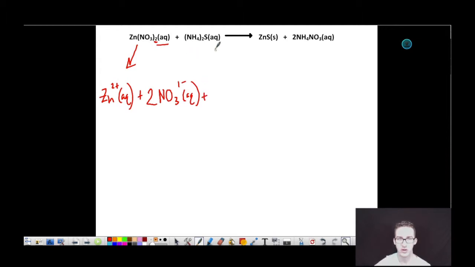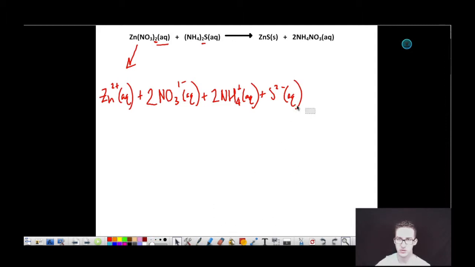We would also split up the ammonium sulfide, as it's also an aqueous solution here. We're going to get 2 ammonium ions, again, because of that little subscript of 2, and 1 sulfide ion in solution.